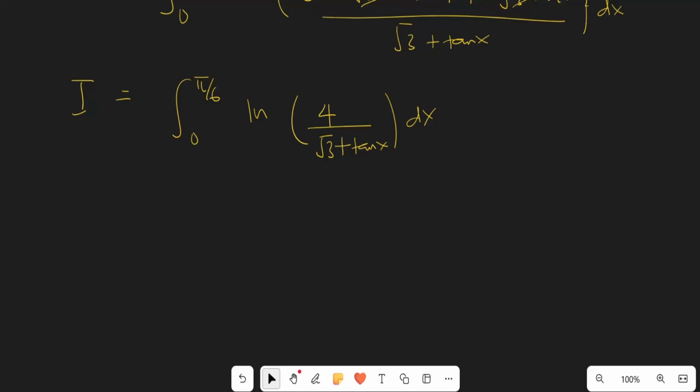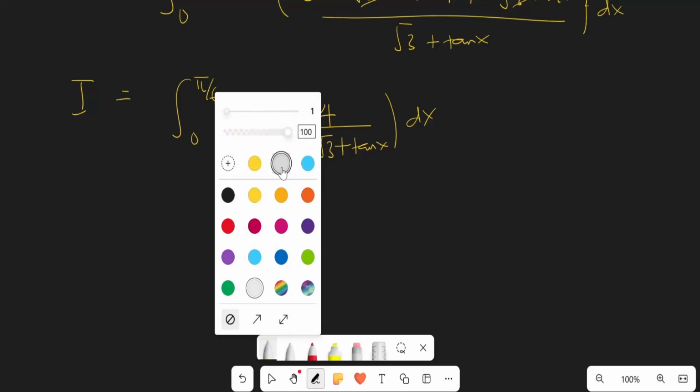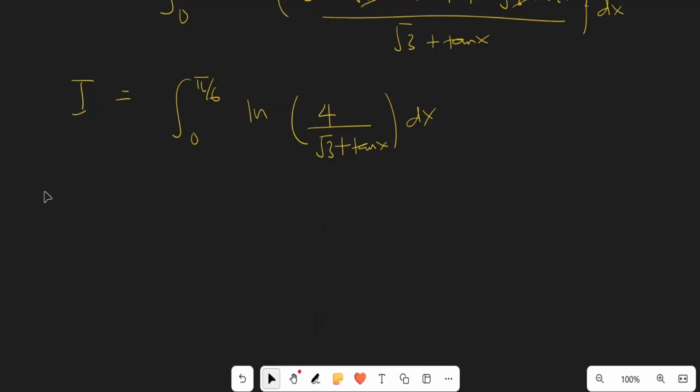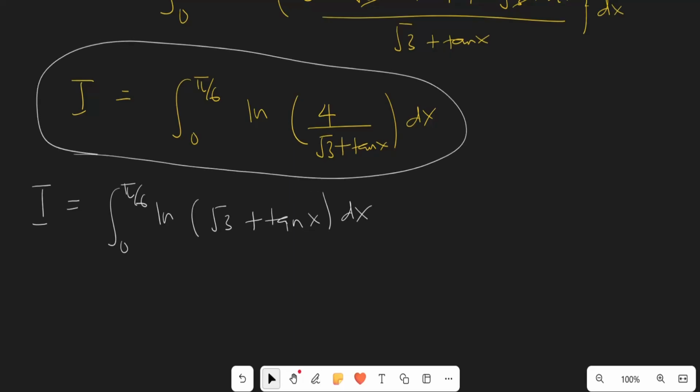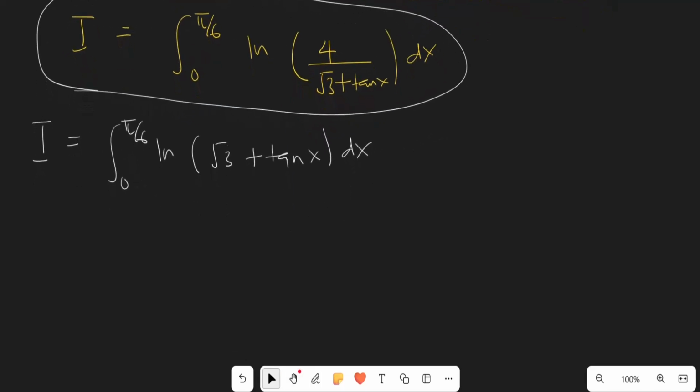So we can now add our original integral to this integral. Our original integral, which is I, was the integral from 0 to pi over 6 of the natural logarithm of square root of 3 plus tan of x dx. That is what we are being asked to find. And this is the integral that is transformed by the King's property. So we can just do some addition.